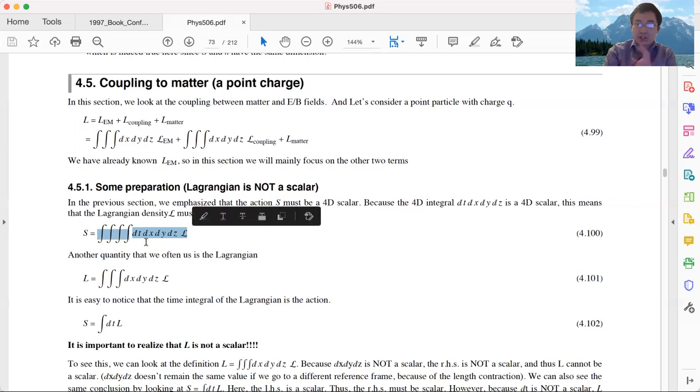Okay? The other side contains two parts. The first part is a space-time integral element. And the second part is this Lagrangian density. This space-time volume element is a scalar. Okay? To see that, we just need to think about the Lorentz boost. Under Lorentz boost, we will have time dilation. Okay? Time will increase by a factor of gamma.